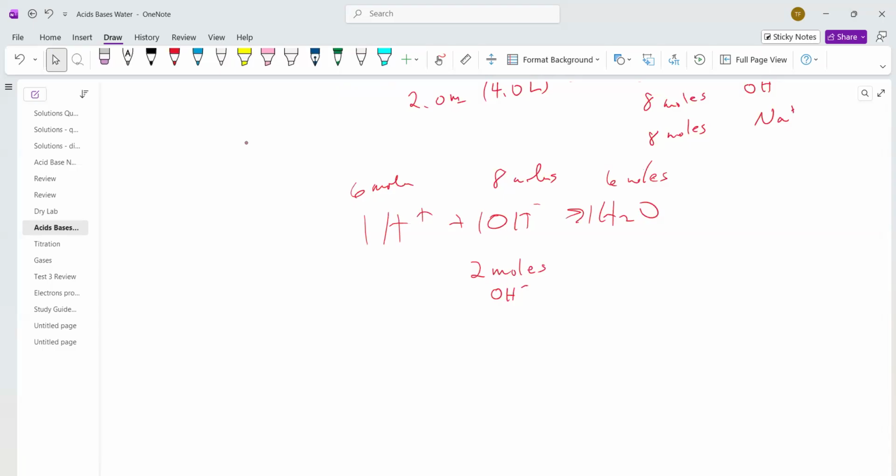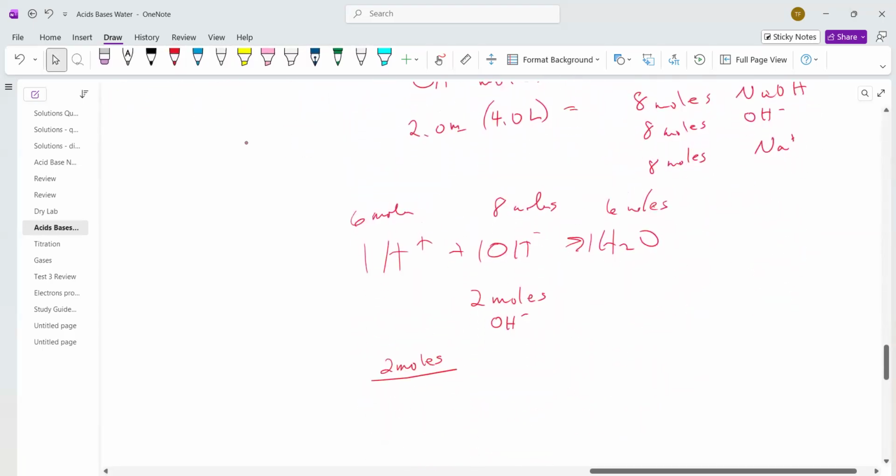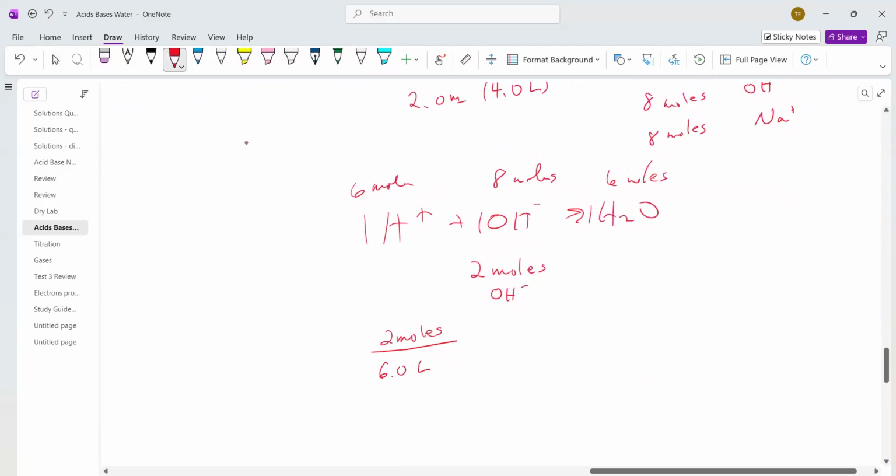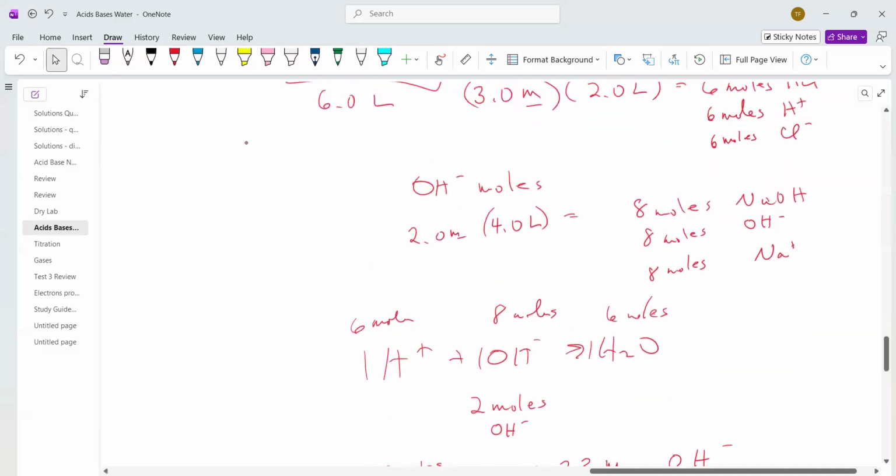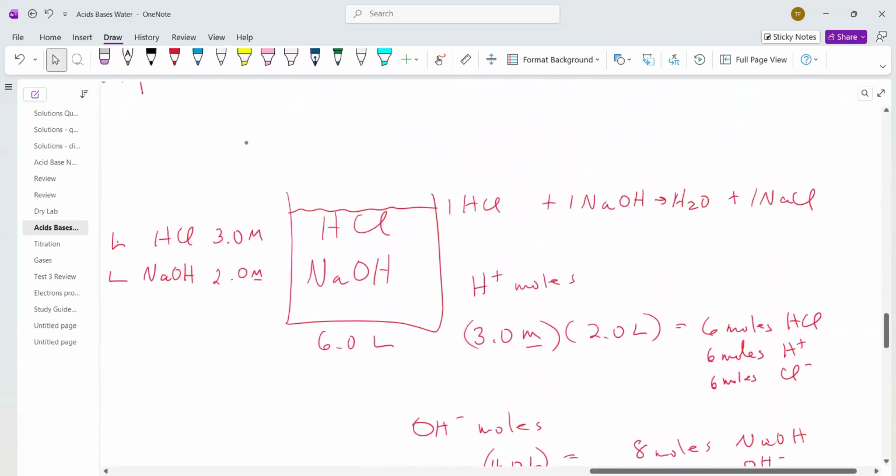So we have 2 moles in 6 liters, so we have 0.33 moles per liter of OH. Now, in your 1A class, you then convert that to pH. Okay, so that's a classic neutralization problem.